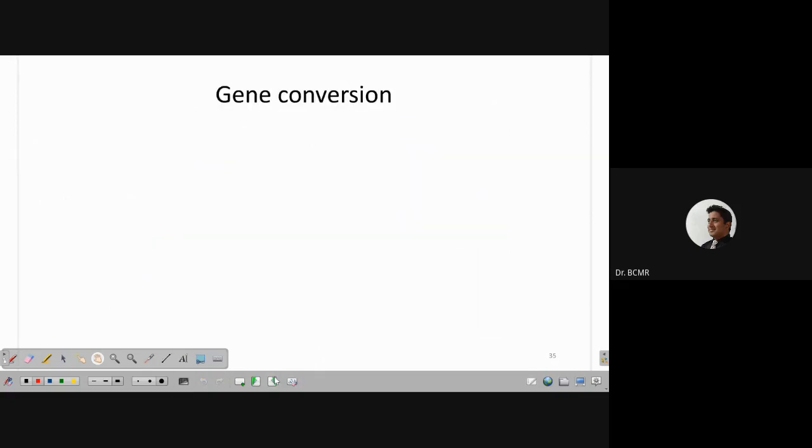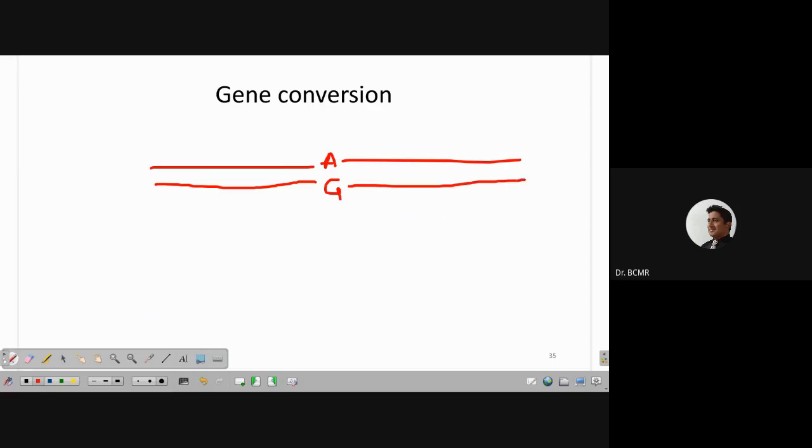The next topic of interest today is gene conversion, and I hope you will try to understand this. In many cases, we have read about heteroduplex, meaning mismatches. I said homologous recombination is fruitful only if it happens between two DNA molecules that are highly similar but not identical.